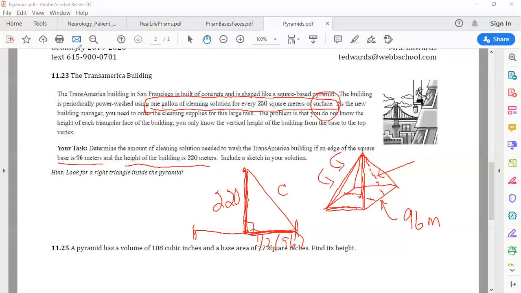Twist this pyramid in your mind. We're coming straight down. We're going over to a side. So this would be the right side. This would be the left side. And then this would be the slant height.